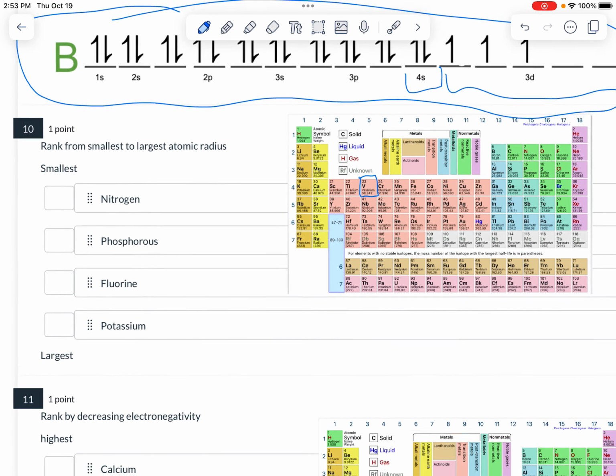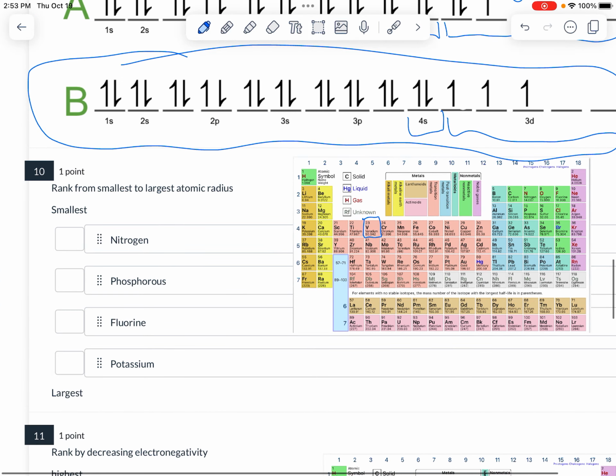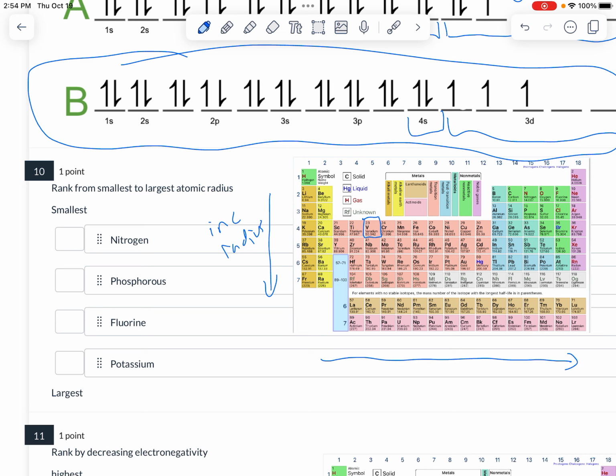Okay. Number 10, so largest to smallest atomic radius. On your periodic table somewhere, you should have something like this, an arrow with increasing radius, and then an arrow like this showing decreasing radius. So these are the biggest atoms.